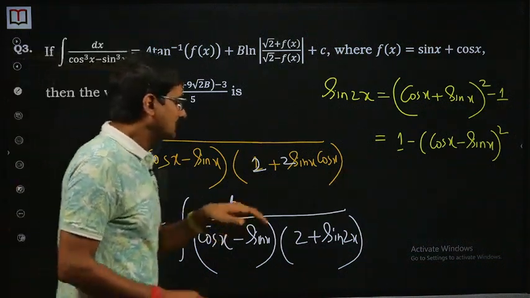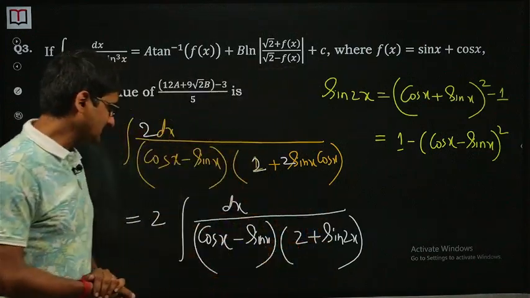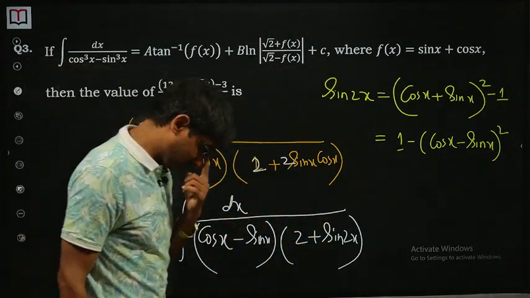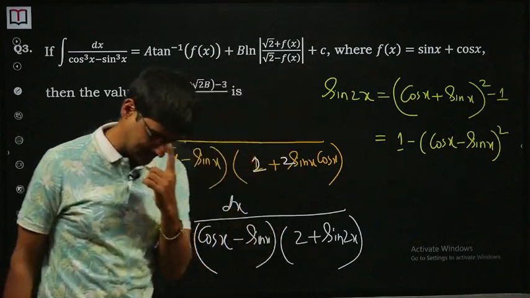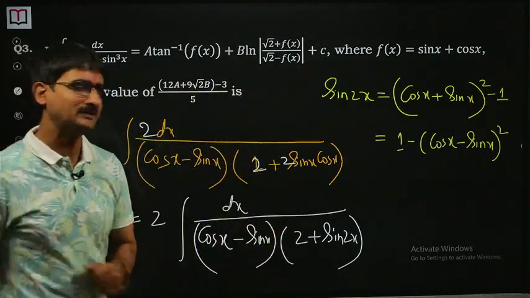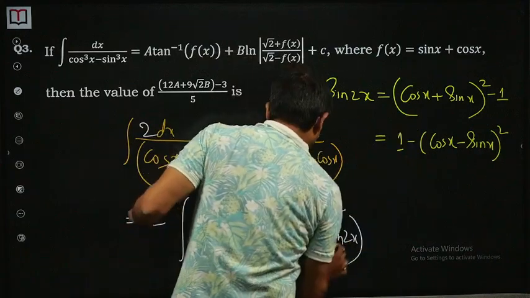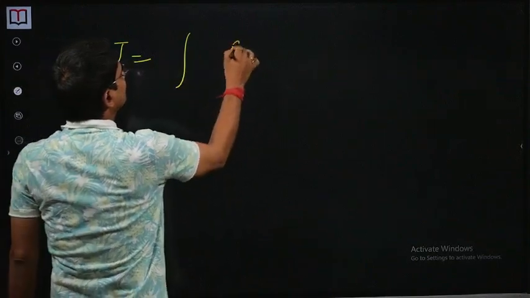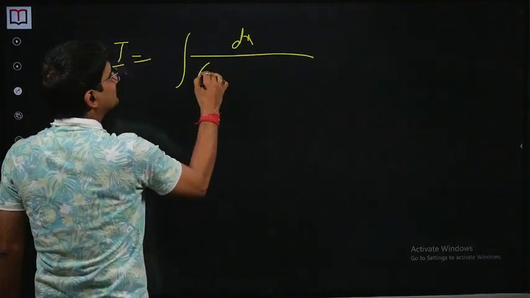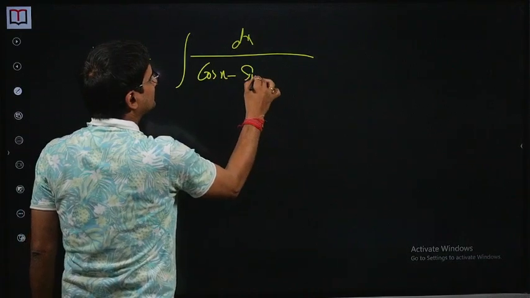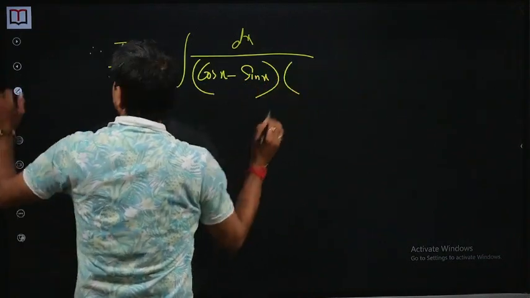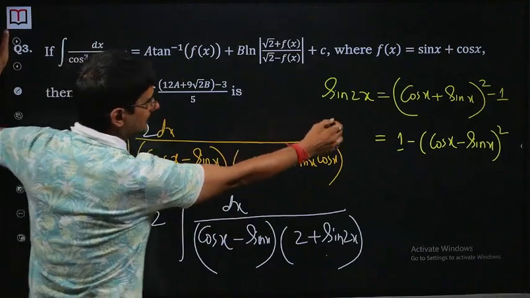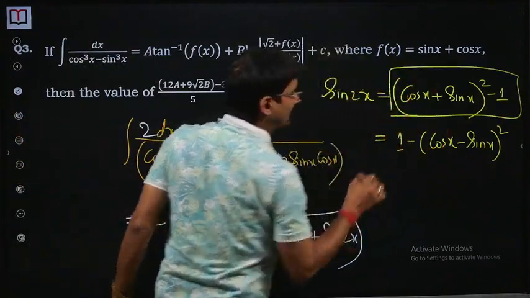So which one shall we use? Let's go for cos x plus sin x. Why? I will replace this here. Therefore our integral is dx upon (cos x minus sin x) into, and this is 2 plus sine 2x. I am replacing it, you will come to know why I am doing it.